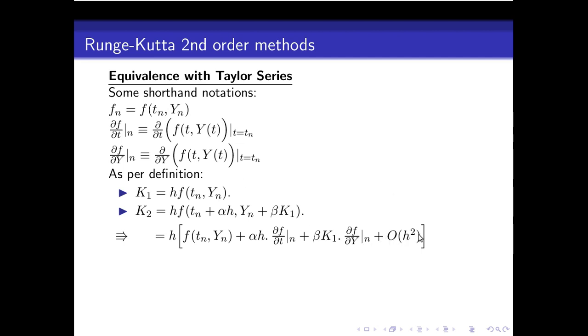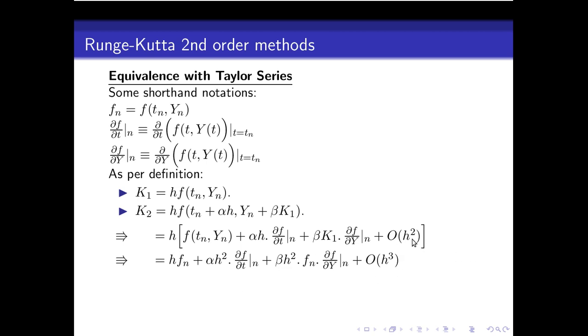We need to be consistent up to order of h square, but notice that k2 already has an h which is multiplied. So after multiplication with this h, this order of h square will be order of h cube, and we don't want that. Therefore it is sufficient to take up to this term only. If we write it in a concise way, we just break this bracket.